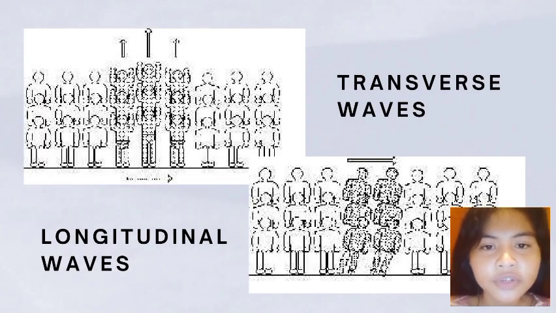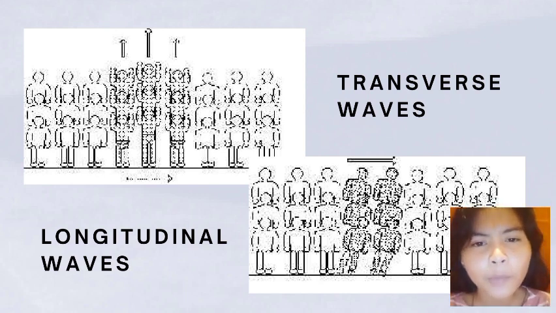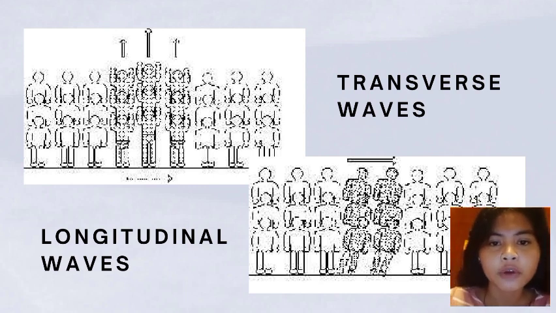So in transverse waves, as you can see in the example illustration, the people at the center move upward, and the wave is oriented such that it moves from left to right. However, even though the wave moves from left to right, the people there move upward.